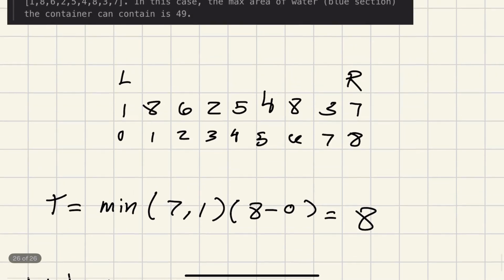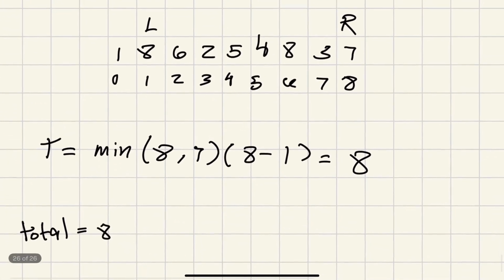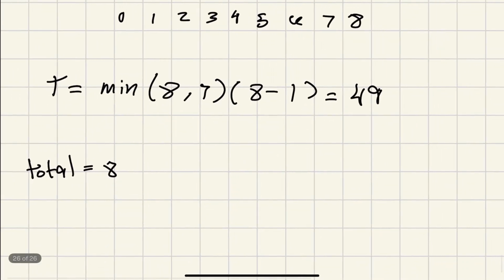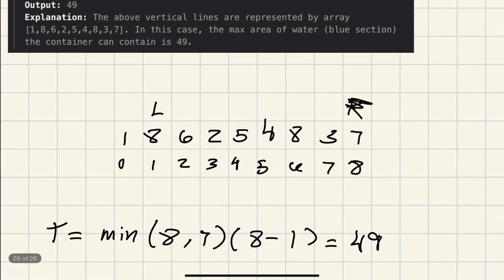Here, we move whichever one is smaller, since left is smaller, we want to move it. Okay, now we do this again, and we take the minimum between 8 and 7, and this ends up being 7 times 7, which is 49, and at total, if 49 is greater than whatever is already stored, then we update it. Now between these two, right is smaller, and you can get the idea.